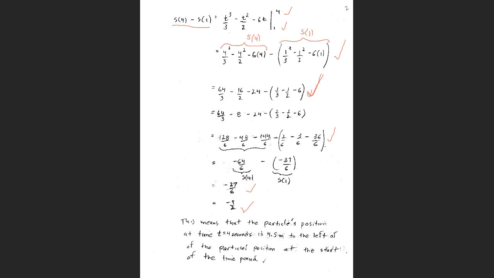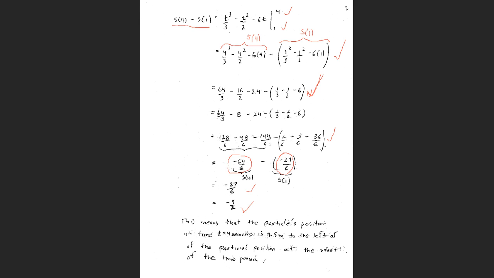It turns out that after 1 second, the particle's position is negative 37/6, which means it's 37/6 units to the left of the origin. And after 4 seconds, the particle is at negative 64/6. So it moves further to the left of the origin during the time period, the net result.